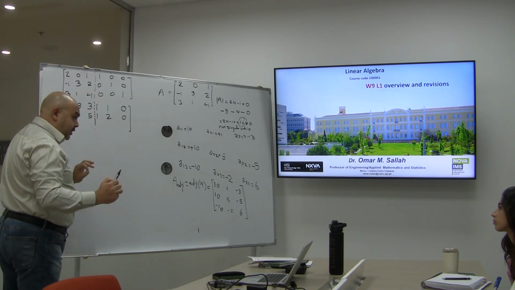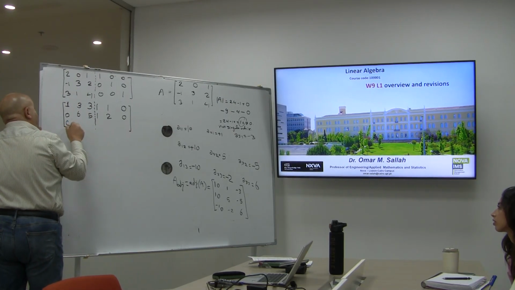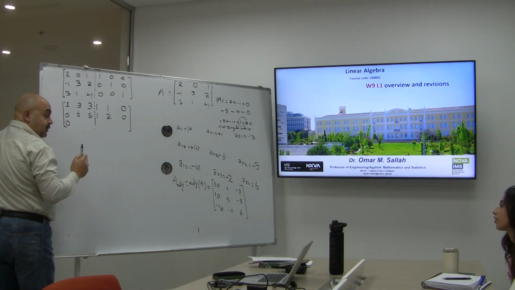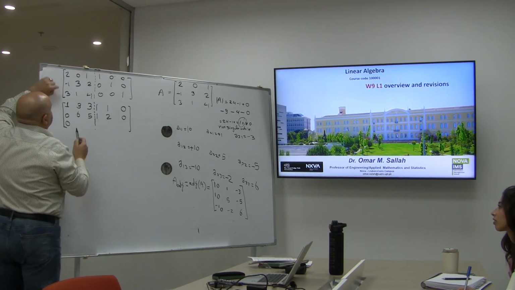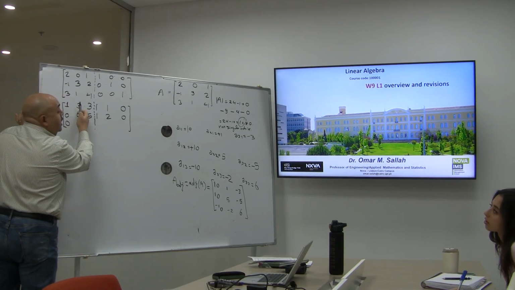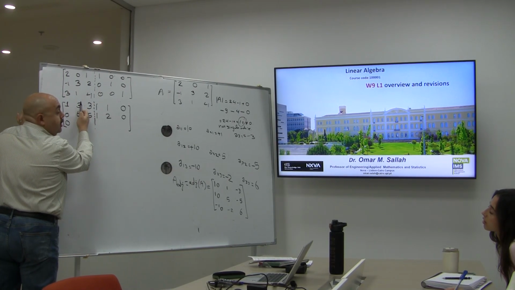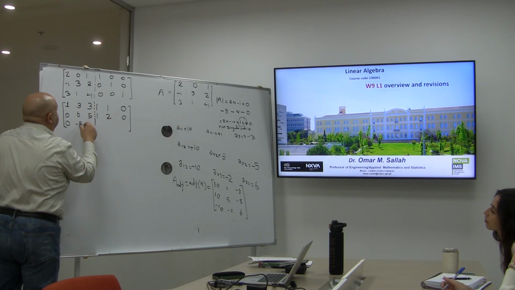In a similar manner, I will try to force this positive 3 to be also 0. How to do it? Negative 3 times the first row. Okay, yes. Negative 3 plus 3, the result is 0. Negative 3 times 3, it's going to be negative 9, plus 1, it's going to come up to negative 8.